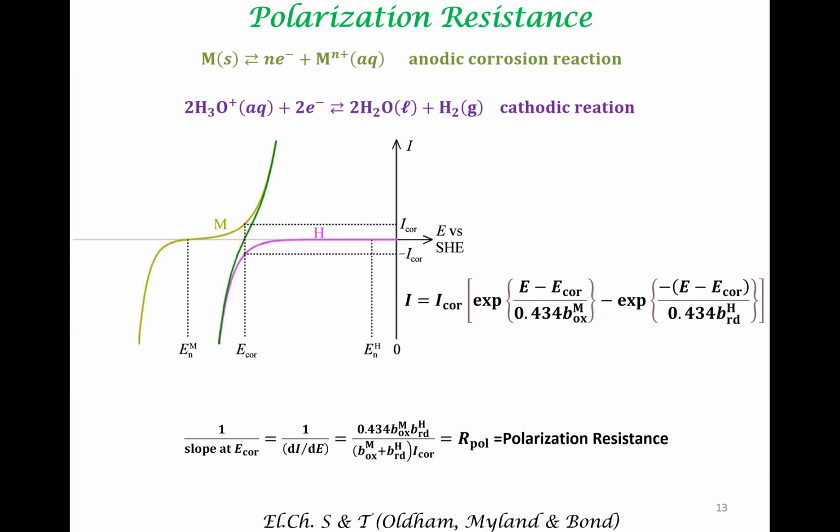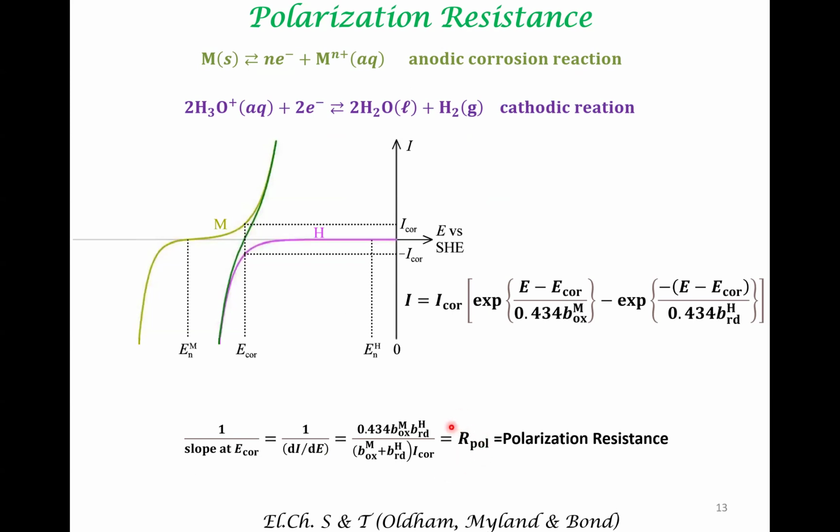We can also talk about polarization resistance, given by this symbol R pol, which is equal to 1 by the slope at E corrosion, the slope in this region, where the slope is dI by dE.